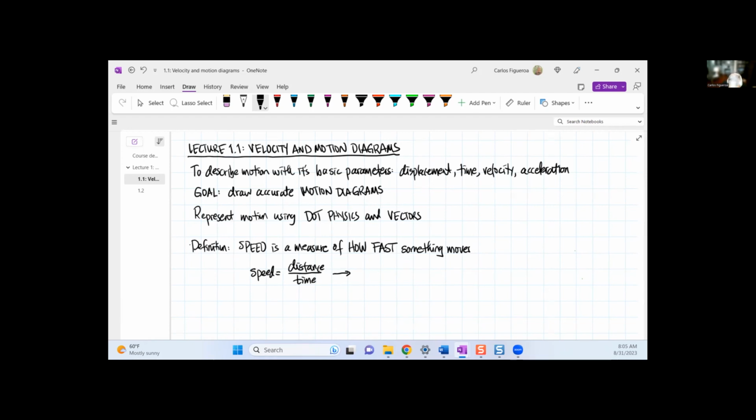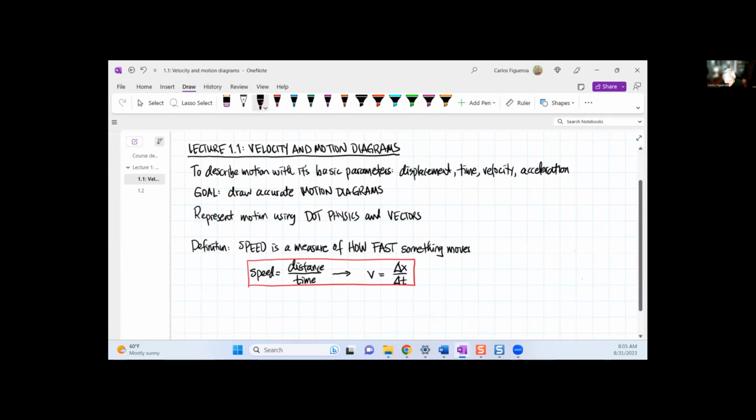In a mathematical equation, we write this with the V, because speed is an incomplete statement. It's embedded in the term velocity, and that's where the V comes from. And we then say that the speed is the distance divided by the time. So this right here is our definition of speed.